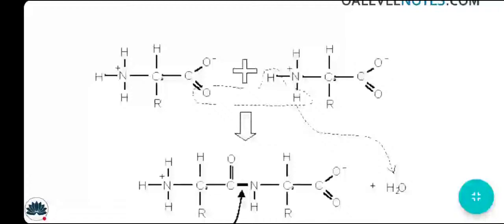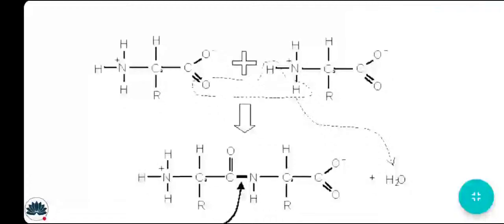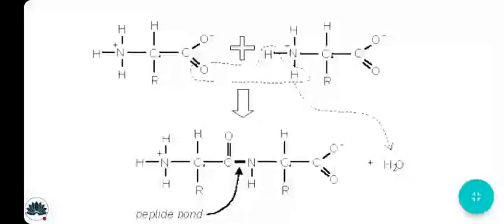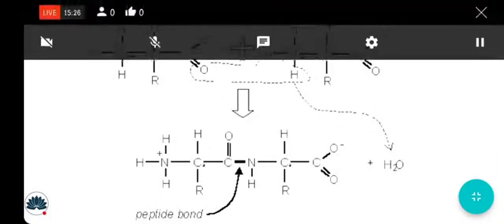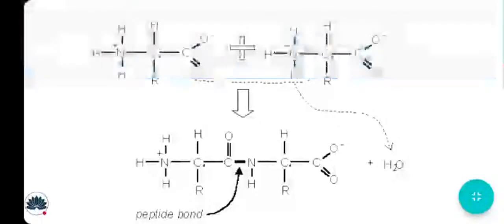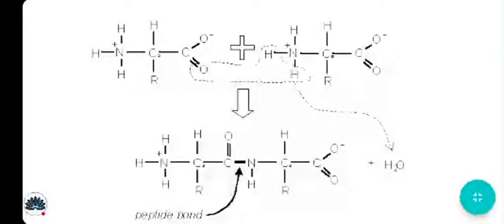As you can see from this diagram, the hydrogen of the amine group and the hydroxyl group of the carboxyl group are taken. The diagram here is not quite correct to suggest that the double bonded oxygen is taken.